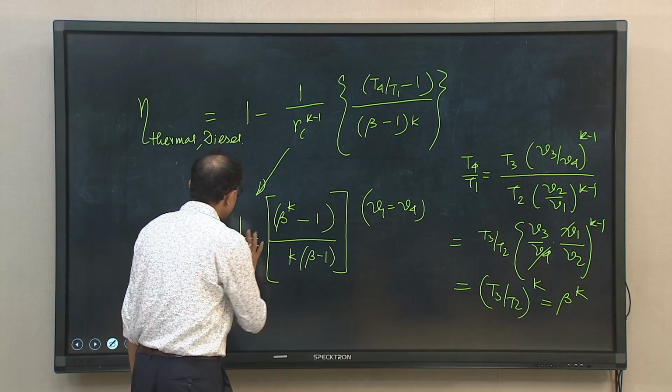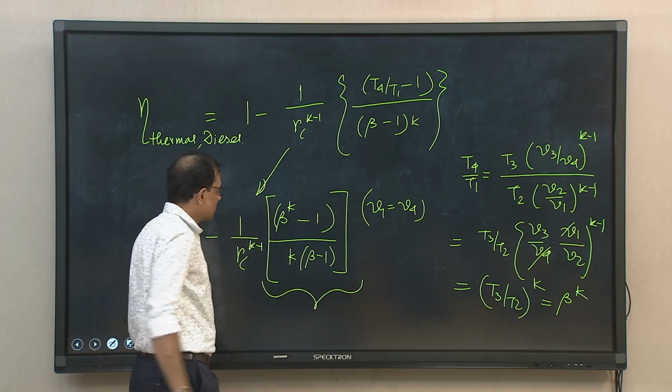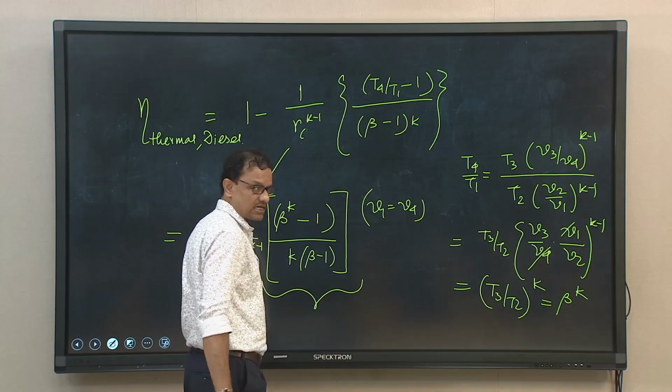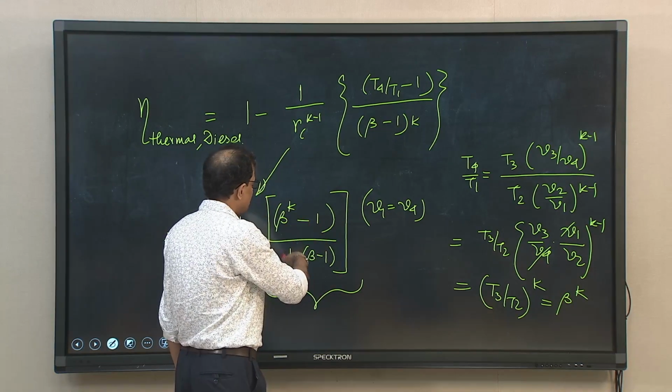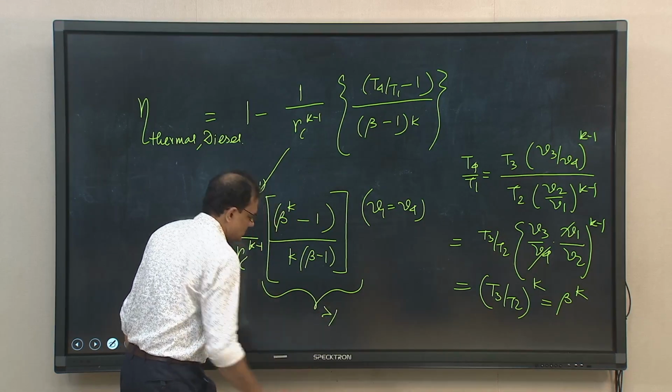So, now what we can tell from here is that k is always greater than 1, and beta is always greater than 1, because T3 is always greater than T2. Now, the quantity given in this bracket is always greater than 1.